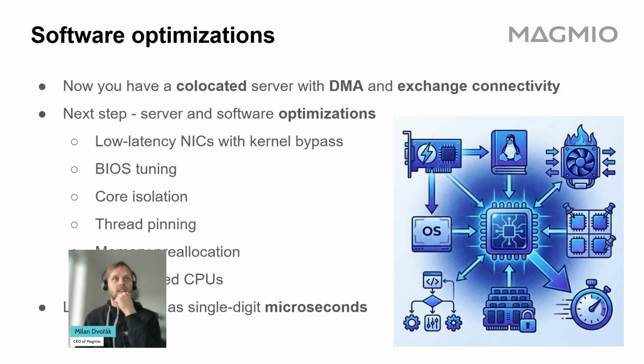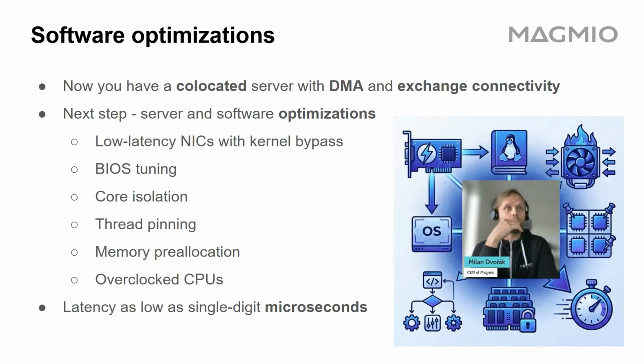There are different techniques for tuning the BIOS to get the best performance, isolating the CPU core to avoid jitter and scheduling conflict, pinning specific pieces of your software to dedicated cores, again to reduce the jitter, and other programming techniques like memory pre-allocations and all different C++ tricks that you can use to get the best performance out of your software. And finally, you can also get overclocked CPUs, which are running at a higher frequency and execute your software faster than the standard off-the-shelf CPUs.